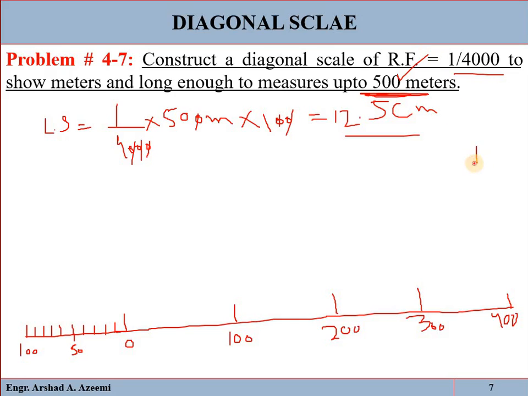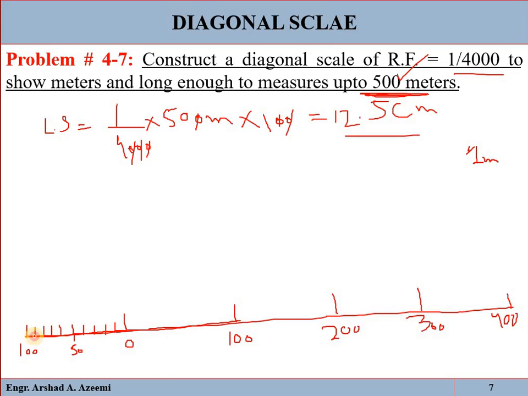But if you have to measure 1 meter distance, what will you do? So we have to represent up to the third subdivision of the meter. Okay, so this is 100 meter. Now this 100 meter distance, we have divided it into 10 parts.